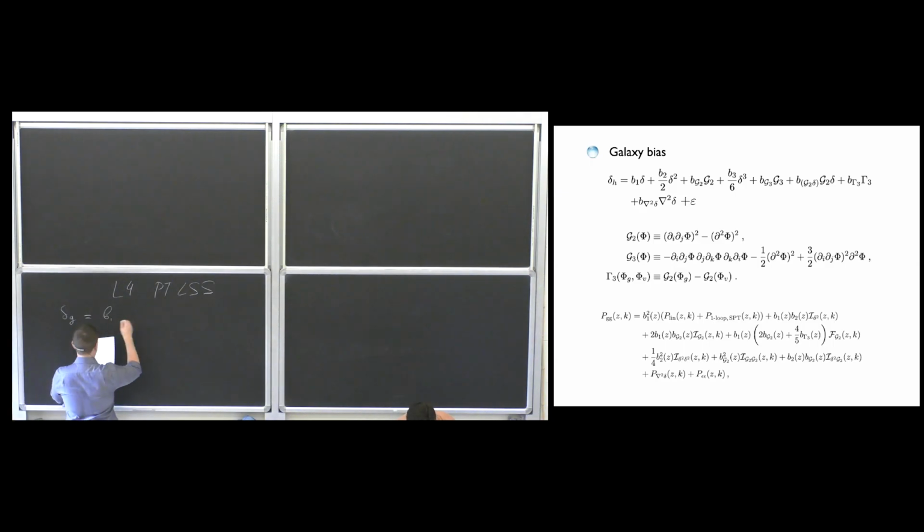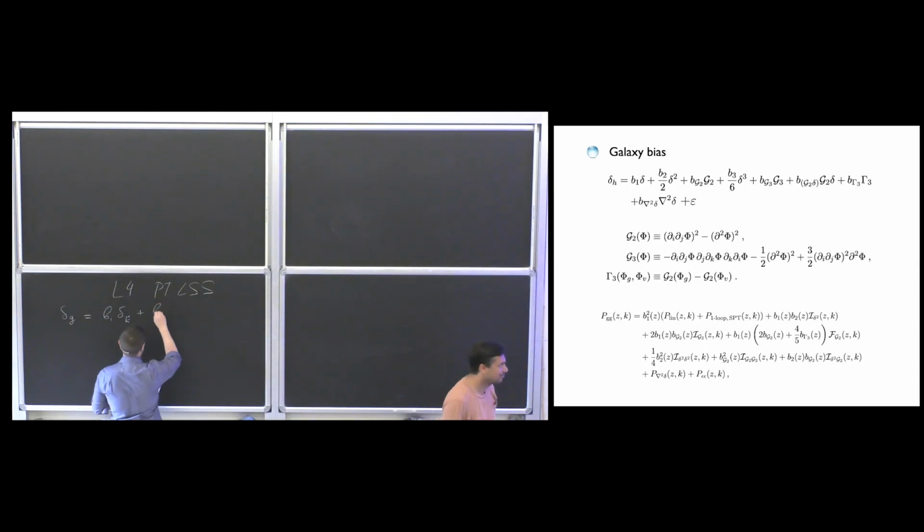We discussed that the simplest possible function you could write down is just a linear function, and then there could be corrections to it. By symmetries, it's not enough to write down just delta squared.